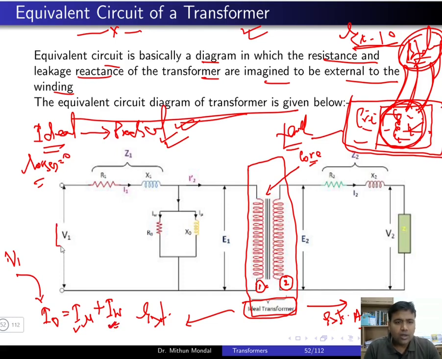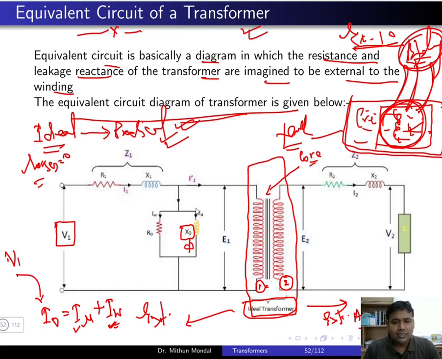So V1, which is the supply voltage, is responsible for production of flux in the core, which is represented by X naught. X naught is basically used to establish the flux in the core, and it is represented by an inductor.